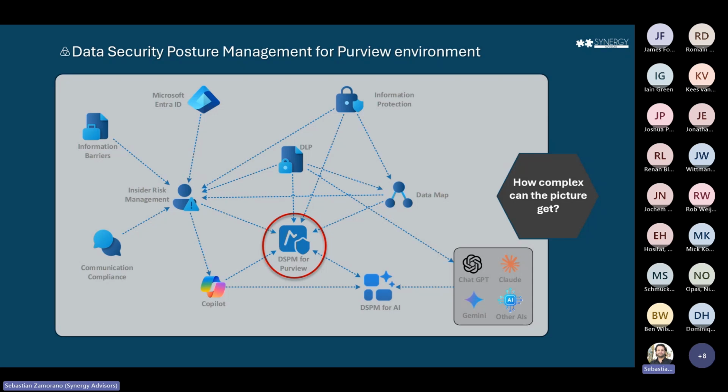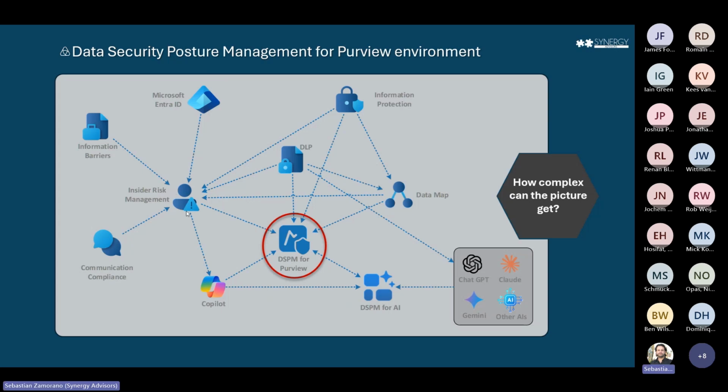In that case, we are talking about a kind of orchestrator, because of what is happening today. I need to set another webinar to talk only about insider risk management. Today, I will show some little stuff related to insider risk management, but that is another topic to cover.